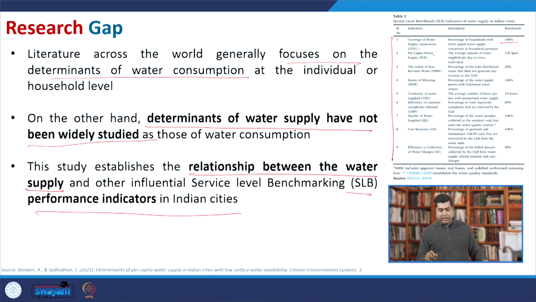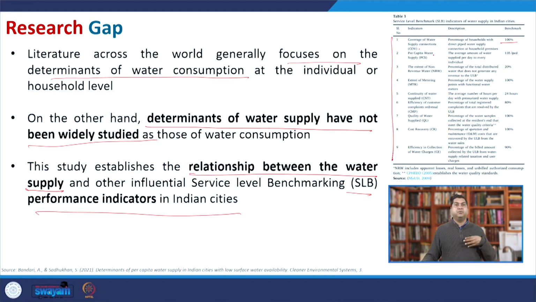Per capita water supply: from a long time it was assumed that 135 liters per capita per day is the supplied quantity which can be averaged out.